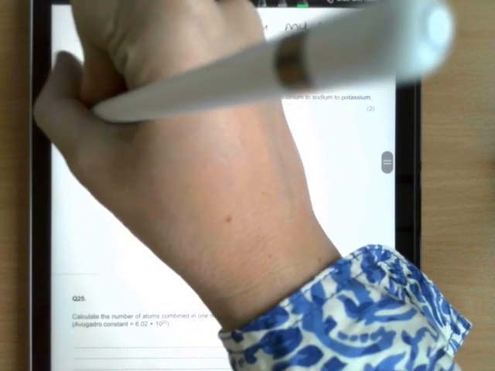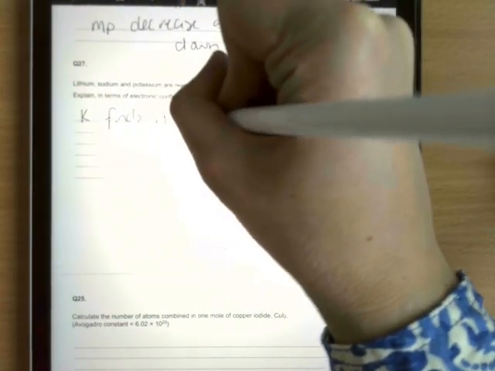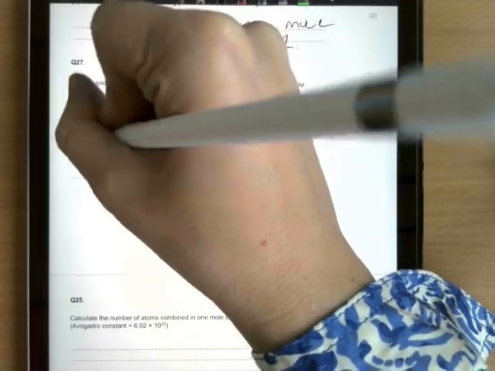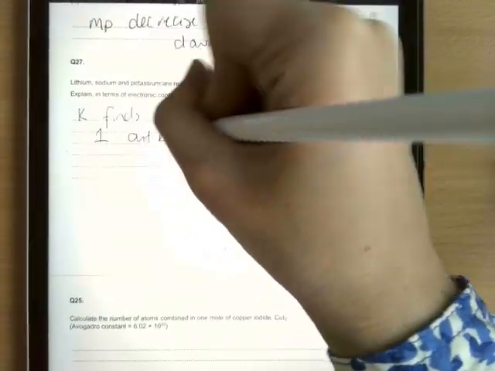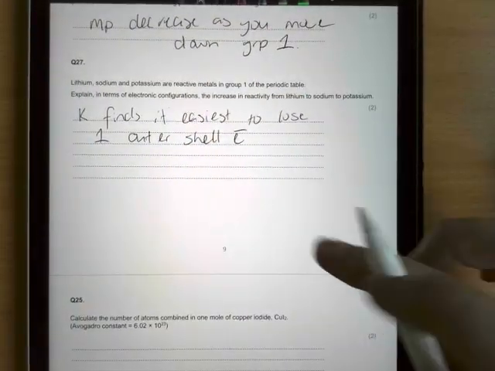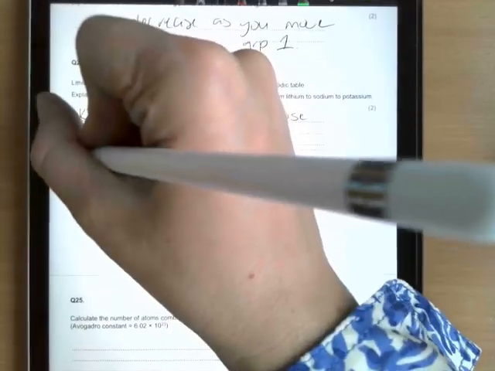So you'll say potassium finds it easiest to lose 1 outer shell electron, or 1 electron from its outer shell. You have to mention the outer shell, and then you'll say why.